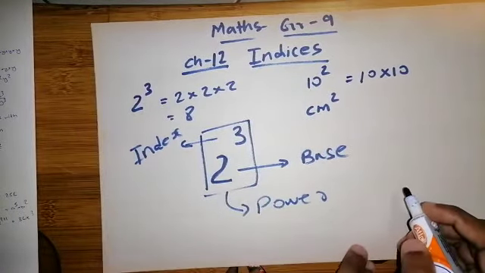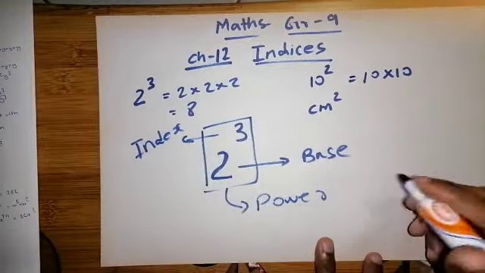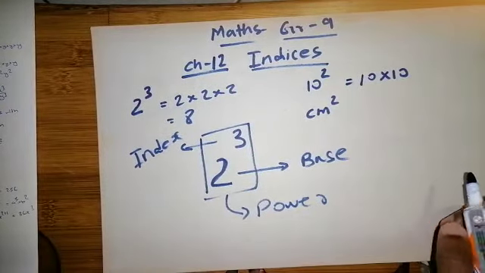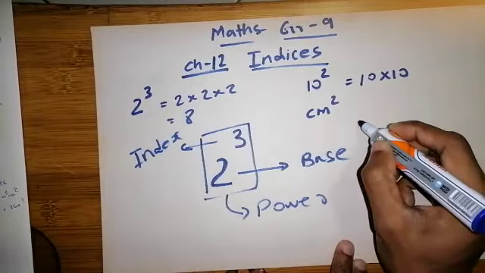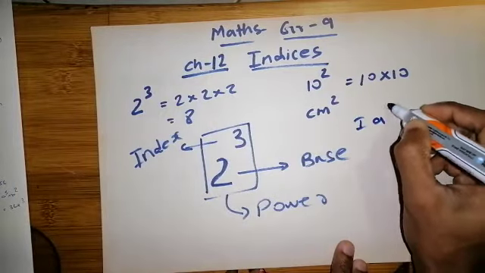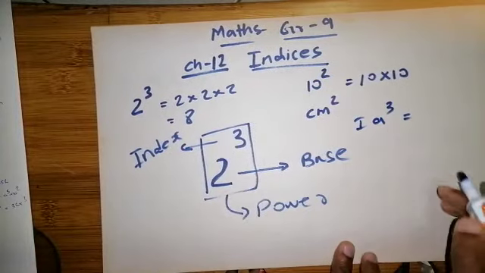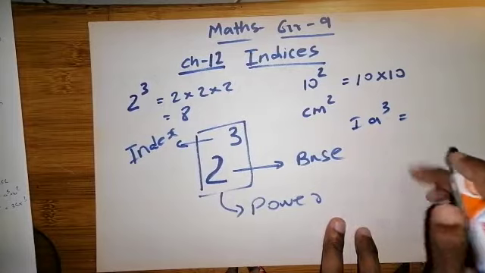When you studied these indices in grade 8, we studied how to expand a power form. For example, a cube. What does a cube mean? In indices, the number represents how many times the base is there.